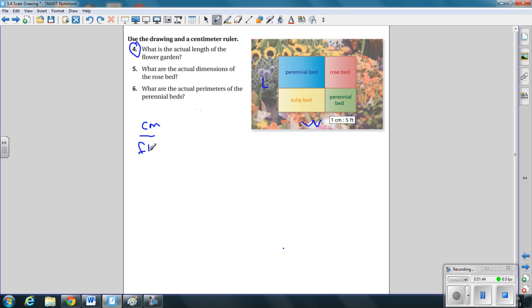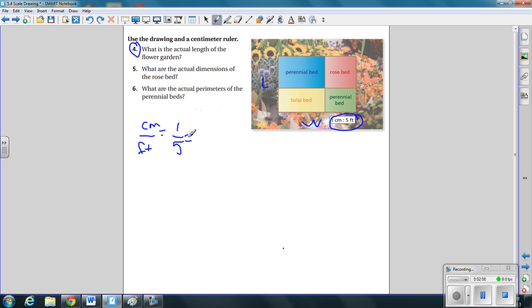And how do I know that? Well, if you take a look at this diagram, it has a scale here written for us. It's telling me that every 1 centimeter in the drawing represents 5 feet in actuality or real life. So I'm going to start by writing that information down. So 1 to 5.